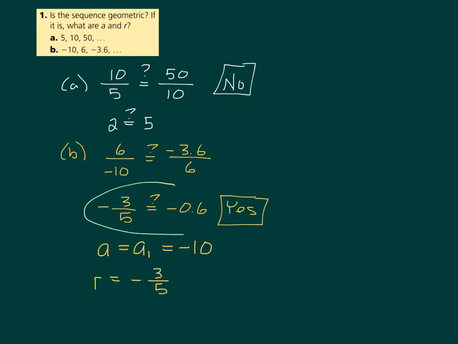When you do this to make sure they're the same, what we did there was made sure that the common ratio was common, and that is R. So then they don't ask for it here, but what is the explicit formula? The explicit formula for the nth term of this sequence is given by the first term, negative 10, times R to the n minus 1.